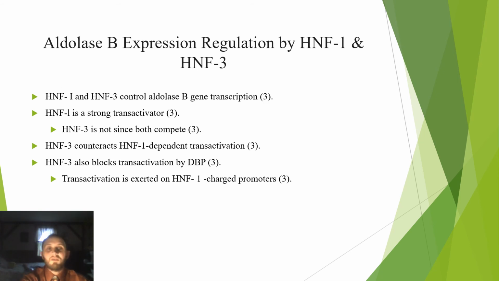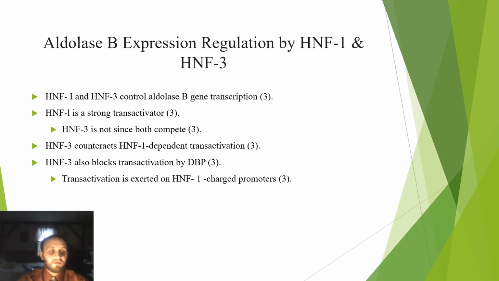Okay, so continuing on about HNF1 and HNF3, these proteins serve in controlling aldolase B gene transcription, and that's why they play a major role in aldolase B expression. HNF1 is a very strong transactivator, but not HNF3, since both compete for those overlapping sites in the aldolase B promoter.